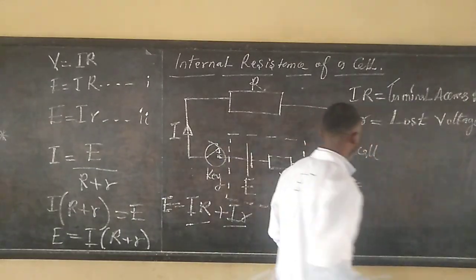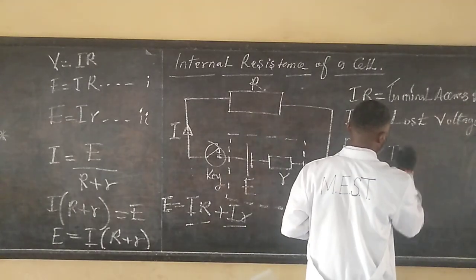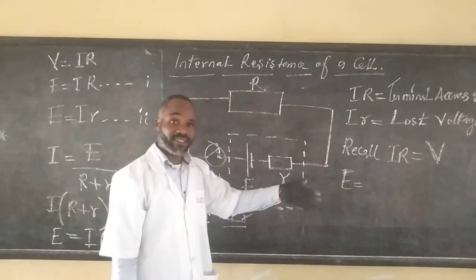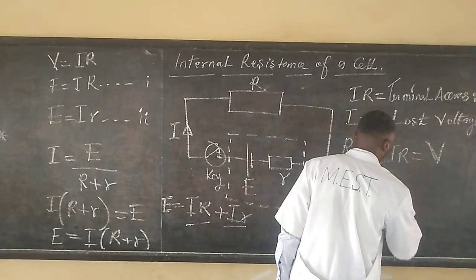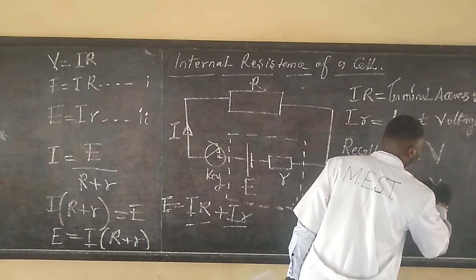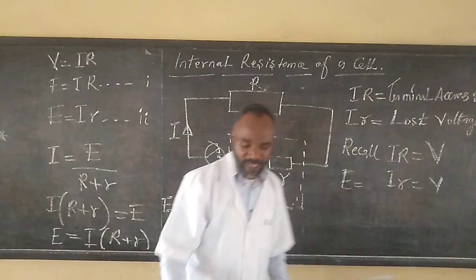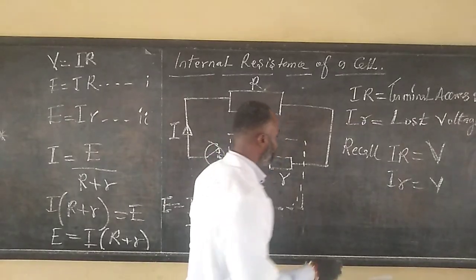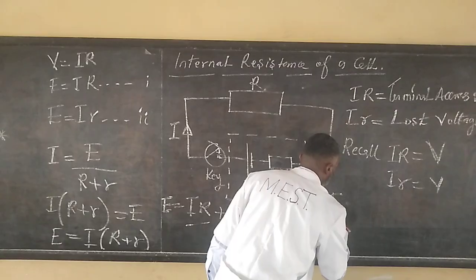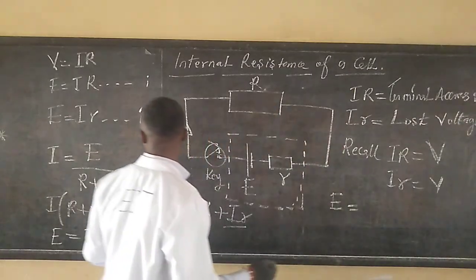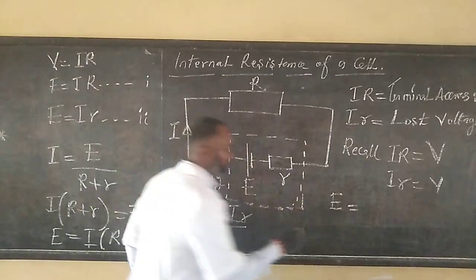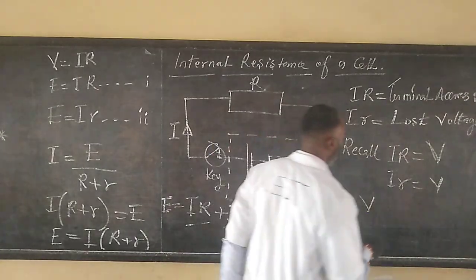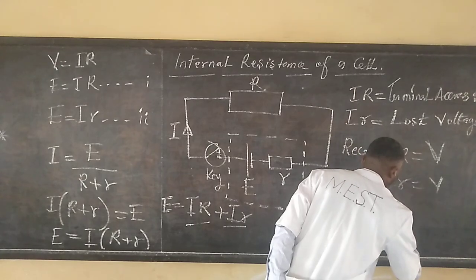If we recall that IR means capital V, the terminal potential difference across the external resistance, and Ir is equal to small v, the lost voltage across the internal resistance, we can now restate our formula: E is equal to, instead of IR, capital V, and instead of Ir small, plus small v.